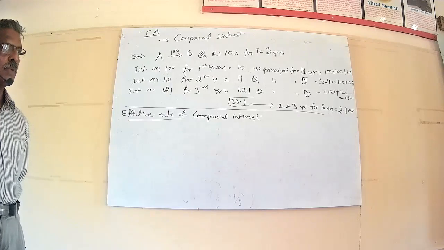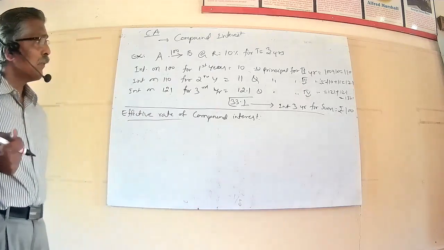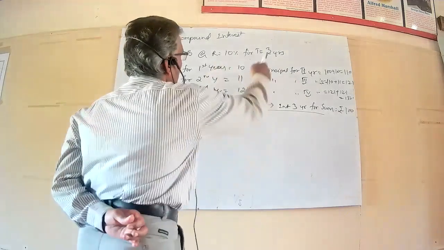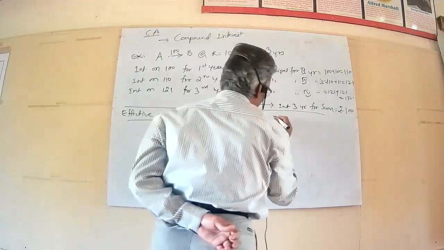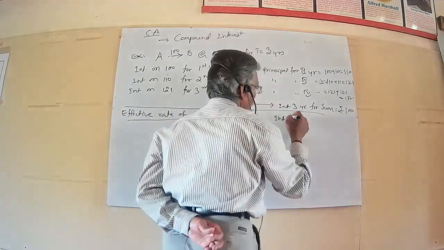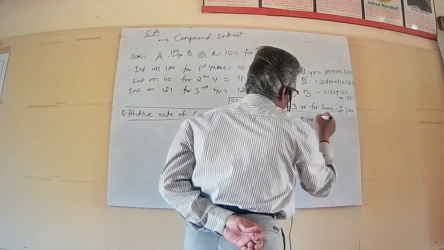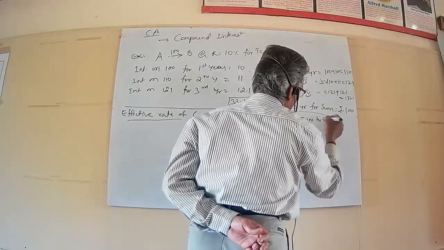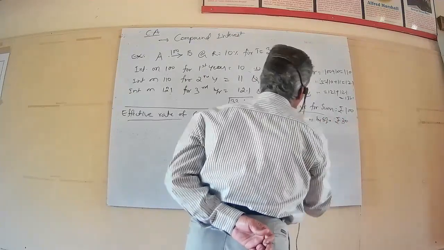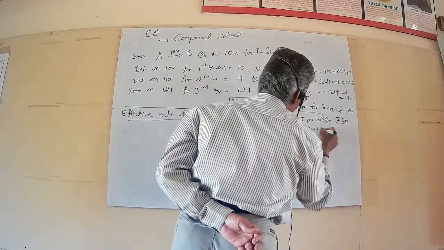So what was the amount by simple interest? Simple interest at the rate of 10% for the 3 years becomes 30 rupees. So the amount was 100 plus 30 equal to 130.